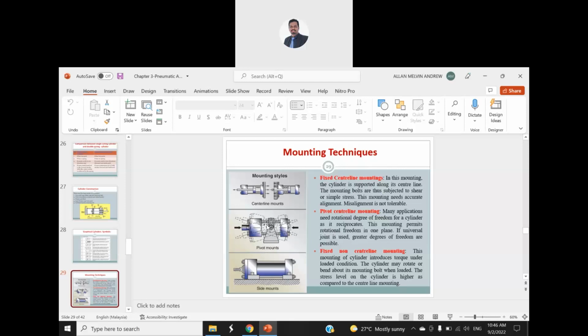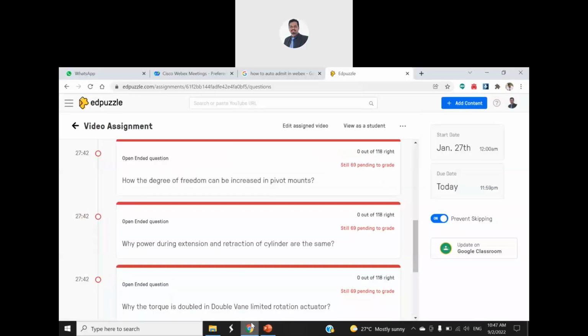So it will give you 4 degrees of freedom: upward, downward, left and right. You can use a universal mount, or multiple pivot mounts, which can give you better degrees of freedom.